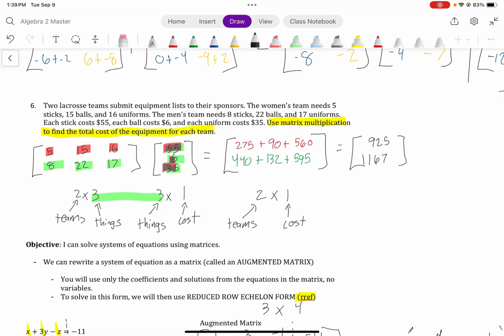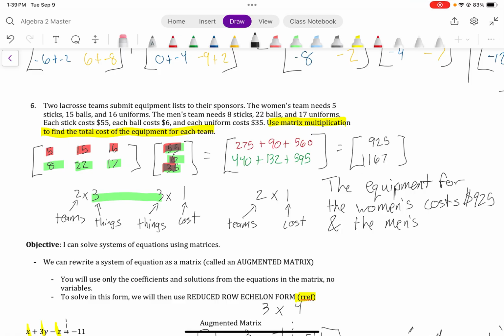So if I want to write this as a sentence, since it said find the cost of equipment, the equipment for the women's team costs $925, and the men's team, I completely missed the word team in there. Whoops. And the men's team's cost is 1,167.